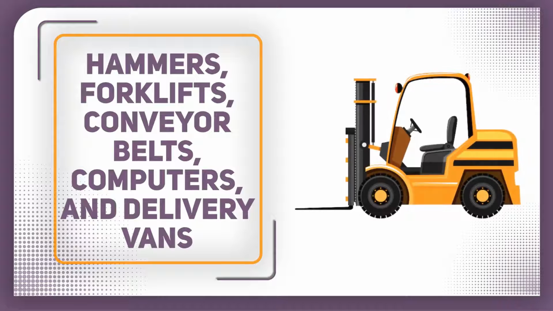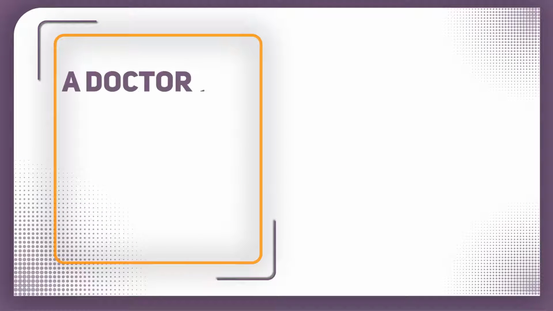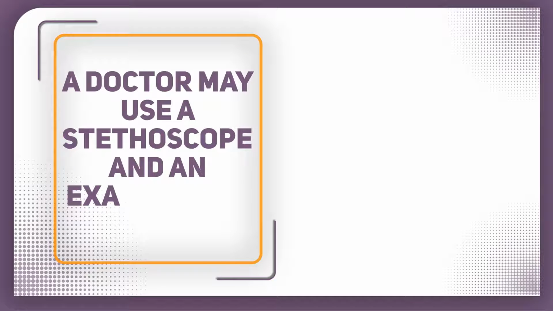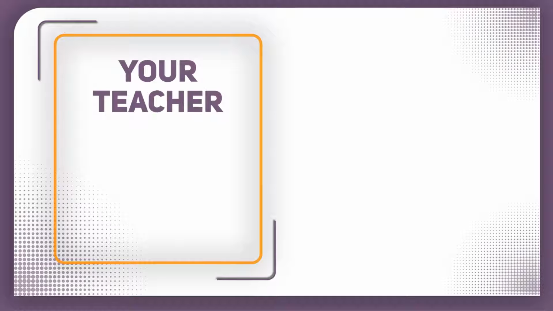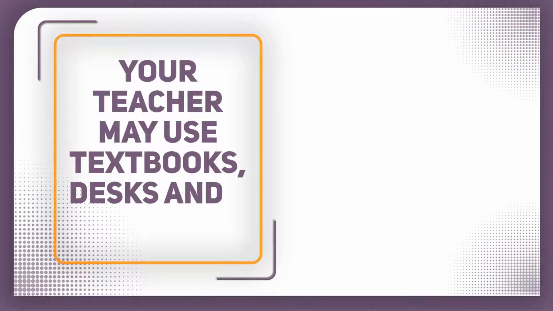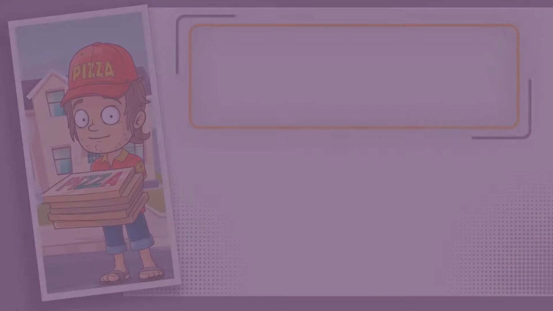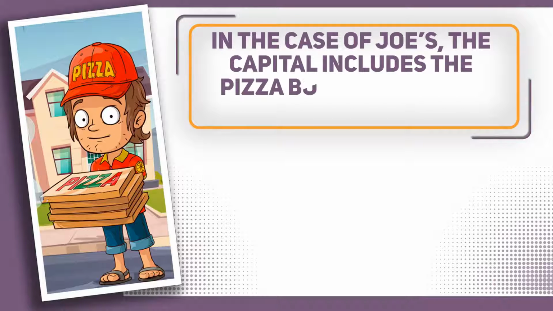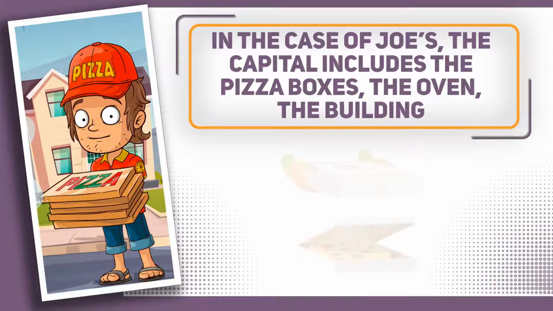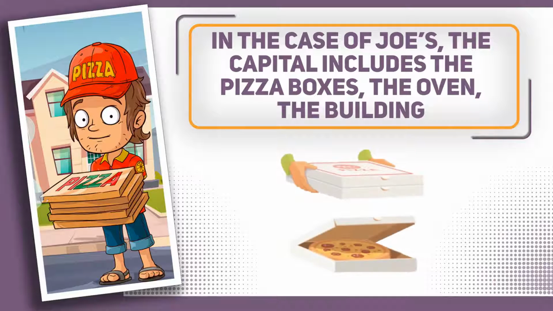Capital is different depending on the worker and the type of work being done. For example, a doctor may use a stethoscope and an examination room to provide medical services. Your teacher may use textbooks, desks, and a whiteboard to produce their lessons. In the case of Joe's, the capital includes the pizza boxes, the oven, the building, and any other necessary equipment.